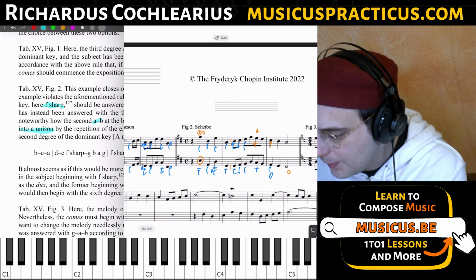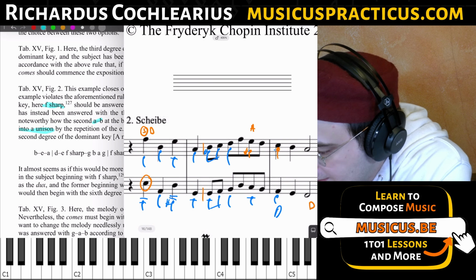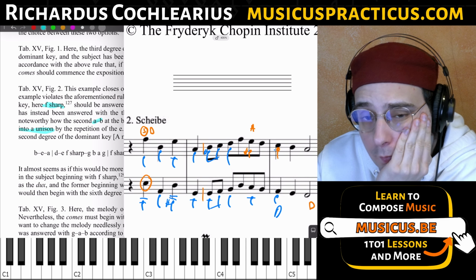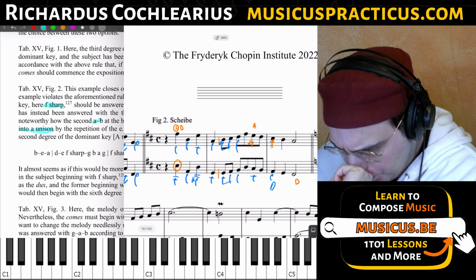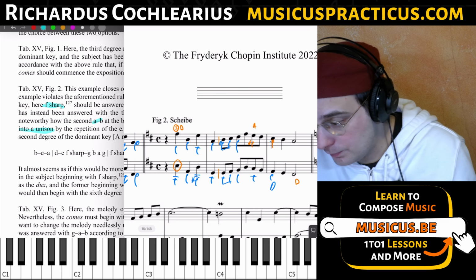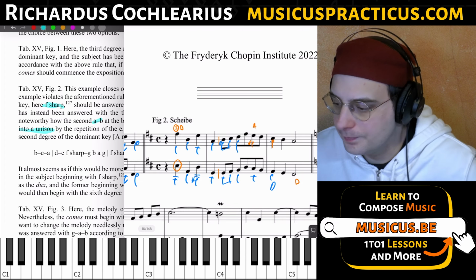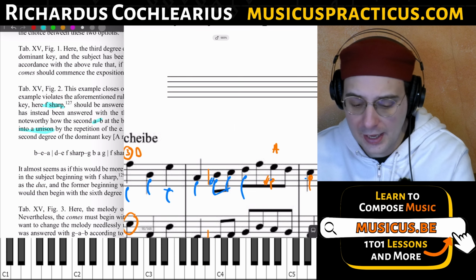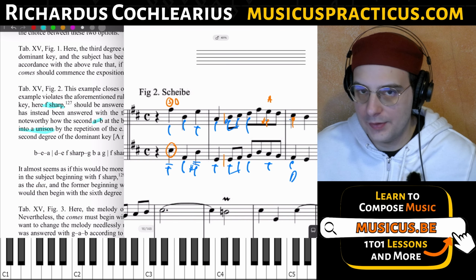Basically, he's saying that we could do this, starting on the second degree of the dominant key, if we are in D major. La, instead of la. Indeed, because in terms of solmization, what happens?